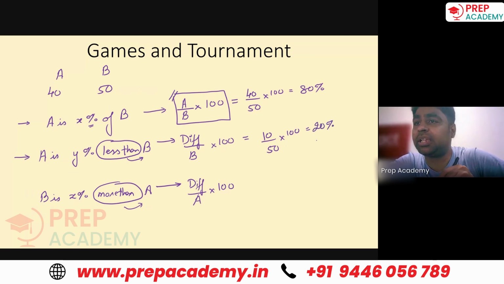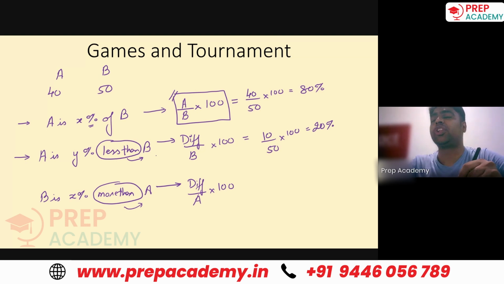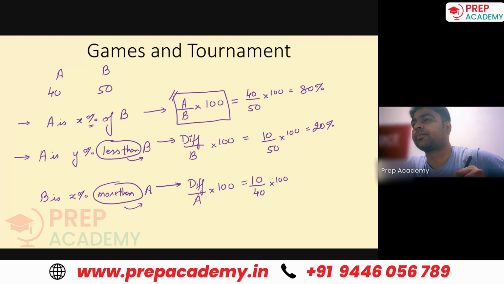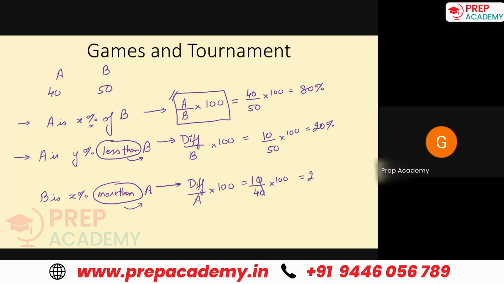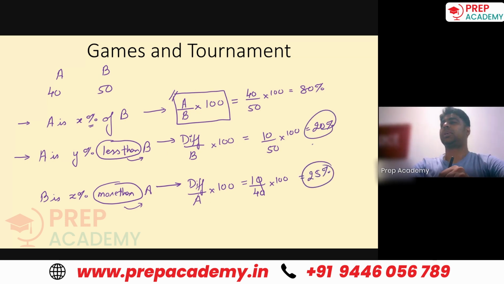But that doesn't mean that B is also 20% more than A. Y and Z will not be the same values, mainly because the difference would be 10, but here the base is different, guys. The base would be 40 here. It's 25%. Very good. Understood?